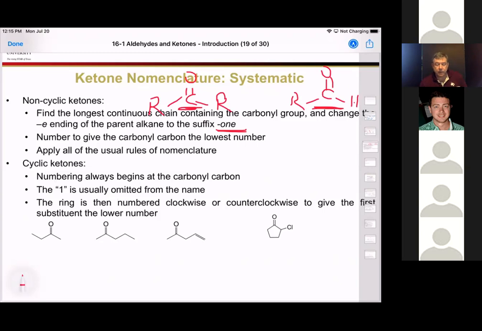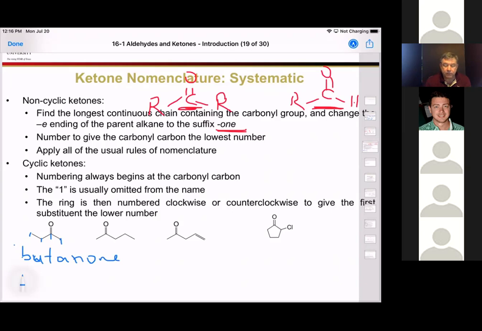So let's talk about straight chains and how we would name them. Let's move over to blue ink here. We have a total of 1, 2, 3, 4 carbons here. So that would be butane. We drop the E in it, so it'd be butanone. Okay, but we have to mark where that carbonyl is.